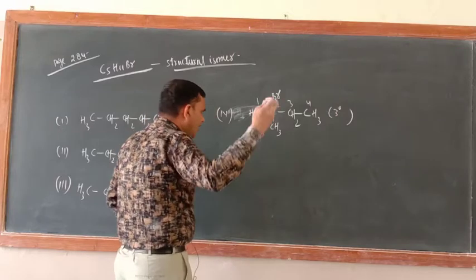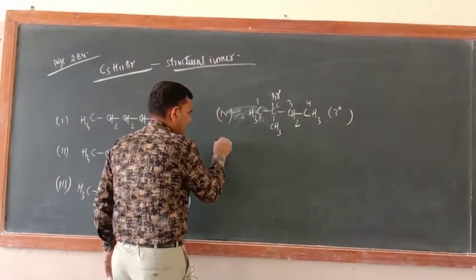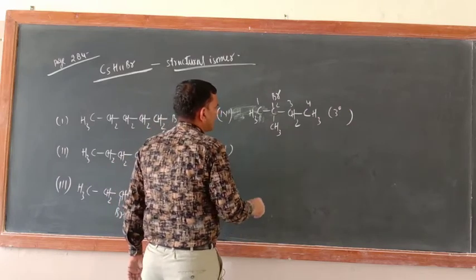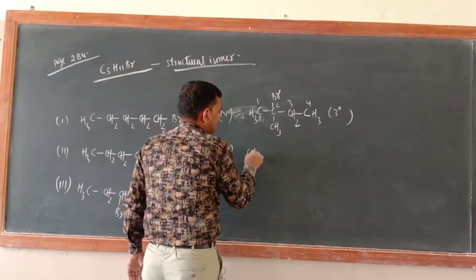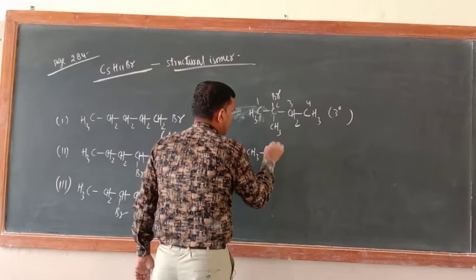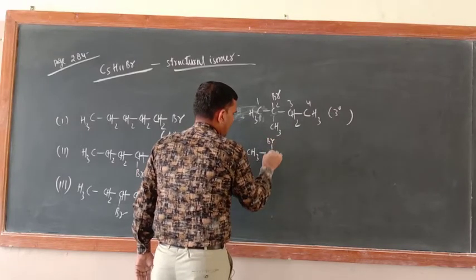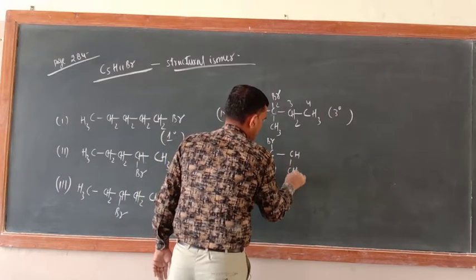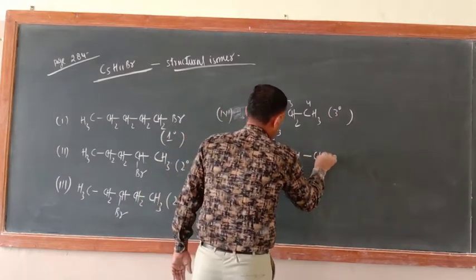Now think of another structure also. The 5th number: what is the possibility? The possibility is CH3, C. Now here write down Br only. Here H, here CH, here another CH3 and here CH3.